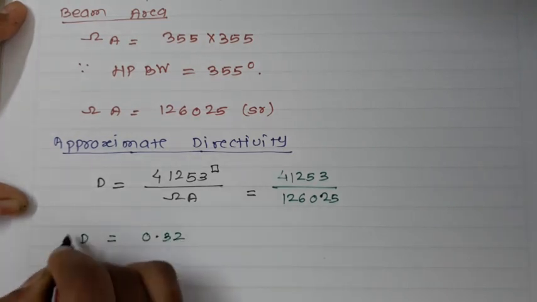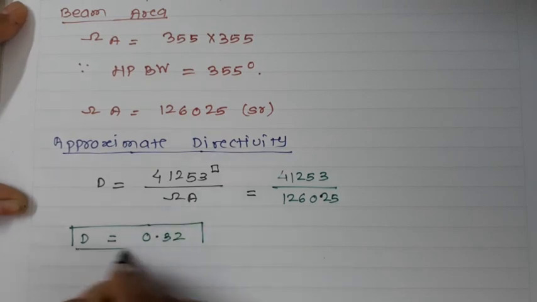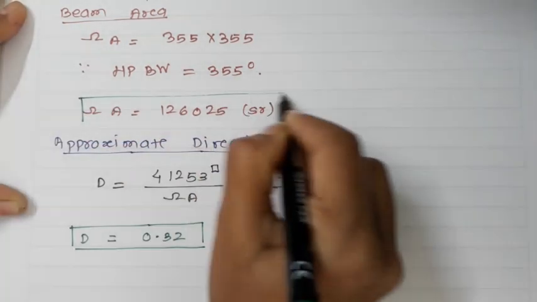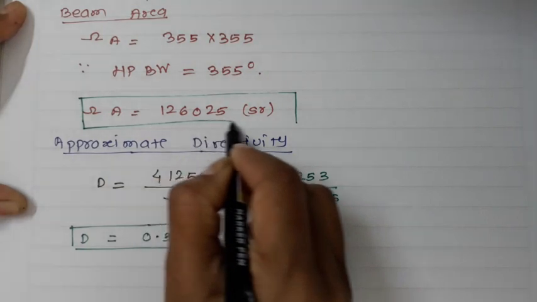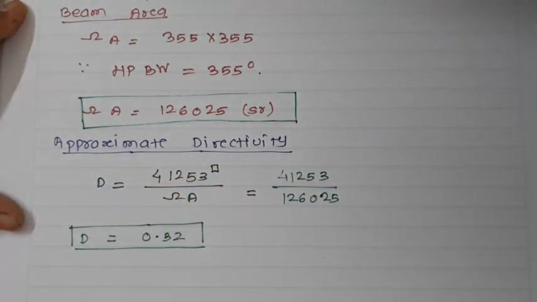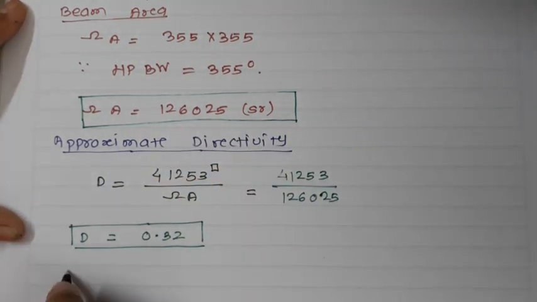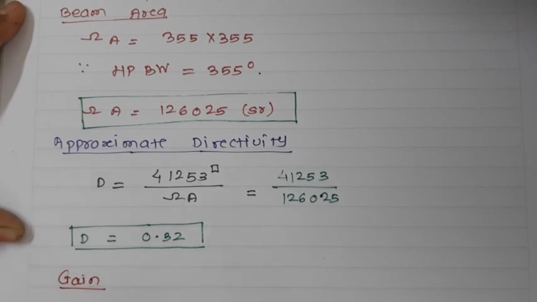So the directivity here is 0.32, and the beam area is 126025.